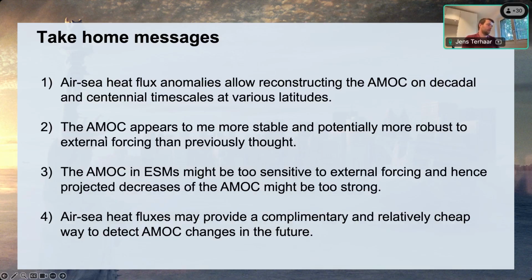The reconstruction of the AMOC also shows less change than the CMIP models. First, they don't show the increase, and then it doesn't show the strong decrease in some models. So it might be that the ESMs are too sensitive, and the AMOC might be too strong. And for the future, RC heat fluxes may provide a complementary and relatively cheap way to detect AMOC changes. Thank you very much for your time.